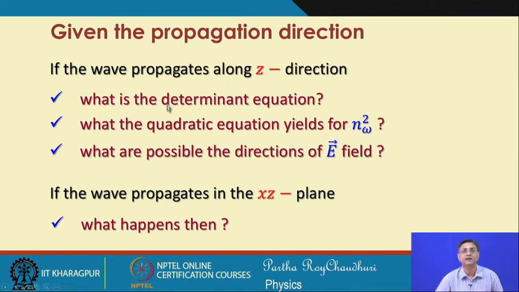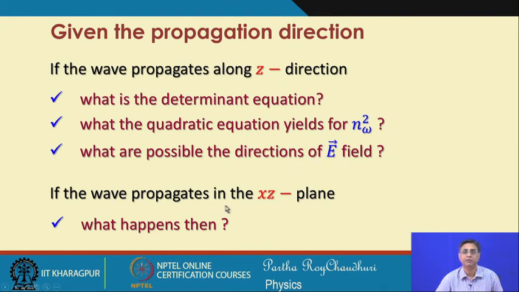So, mathematically, what will be the quadratic equation that gives you n omega square? If I can find out the n omega values for this particular direction of propagation, then we should be able to find out the direction of electric fields.